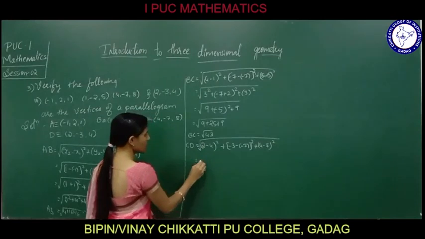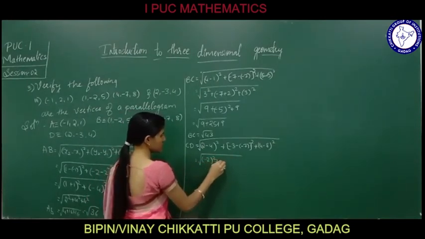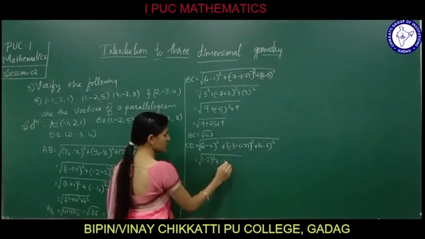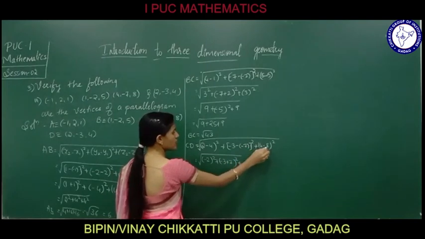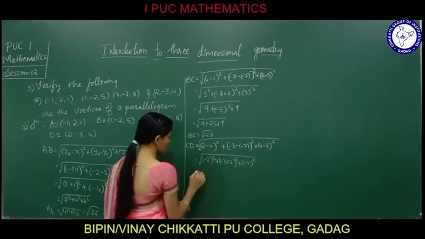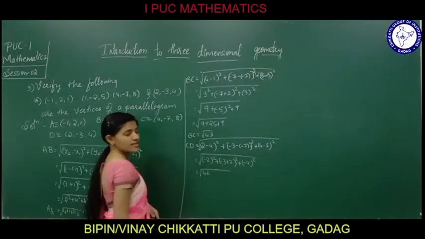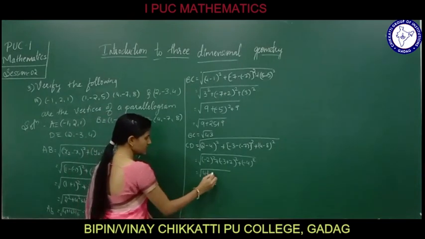Now I am going to get that as minus 2 square plus minus 3, minus into minus is plus, minus 3 plus 7 square, 4 minus 8 is going to be minus 4 square, which I am going to get this as 4 plus 7 minus 3 is again 4, right?